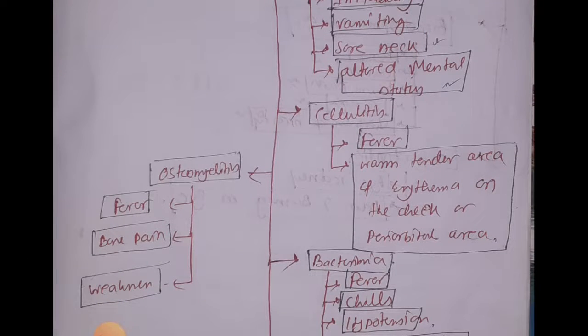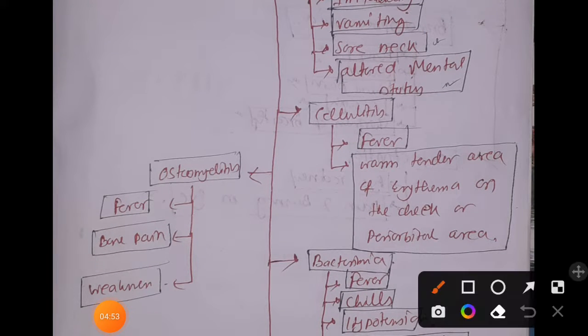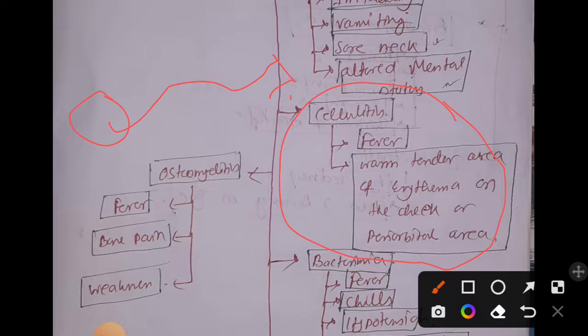Okay, now let's talk about cellulitis. Try to remember that I told you Haemophilus influenzae can also migrate to the soft skin tissues of the face and cause this complication named cellulitis. The symptoms include fever and a warm, tender area of erythema on the cheek or periorbital areas.